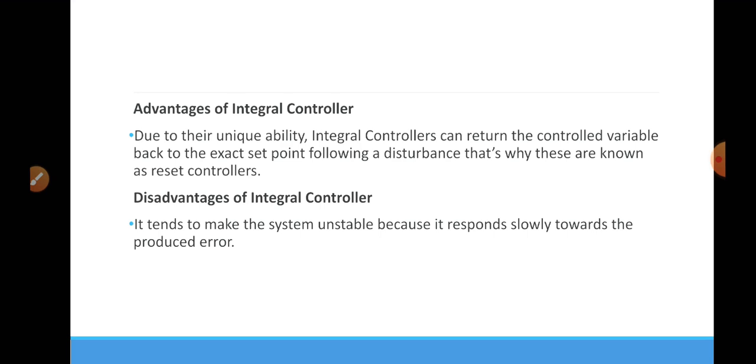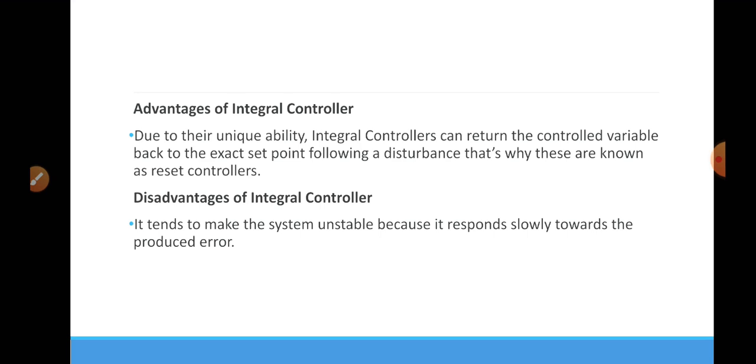But integral controllers have a unique ability. They can return the controlled variable back to its exact set point following a disturbance. If there is some disturbance, they can reset it to the set point. Therefore they are also called reset controllers.